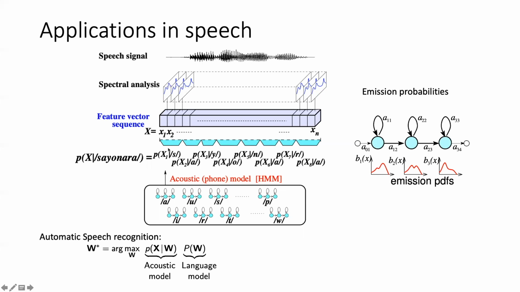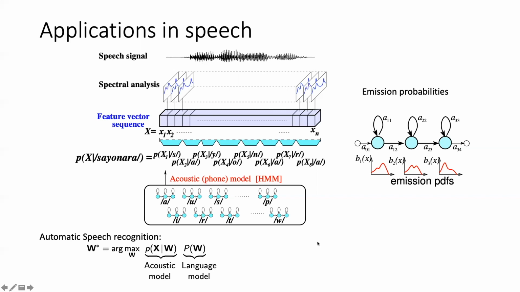Given an acoustic sequence as an input, the acoustic model is modeled using HMM, and it estimates the best possible phone sequence. Since the observations are in continuous space, unlike in the POS tagging problem where we considered probability mass function, in the case of speech applications we consider emission probabilities as continuous densities, and this can be modeled using Gaussian mixture models.